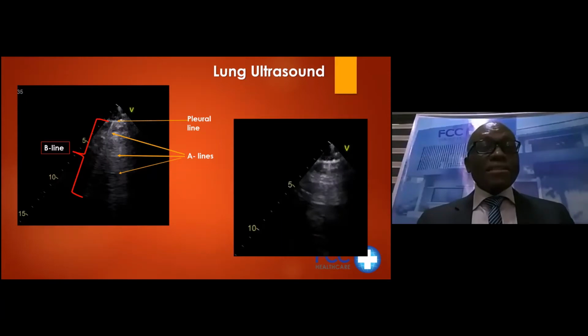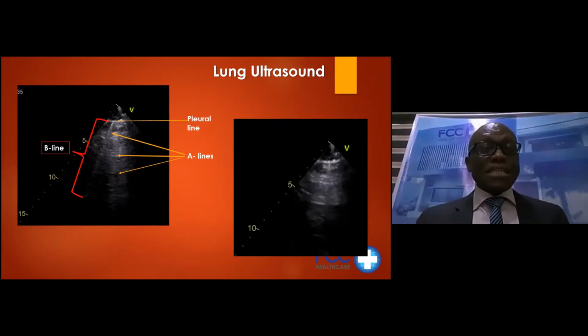So when the sound passes through them, the void of an empty, well-aerated lung creates shadows called reverberations, and those are called A-lines. This is what you would get if the lungs have air. You won't get those if the lung is full of fluid or the interstitium is damaged.